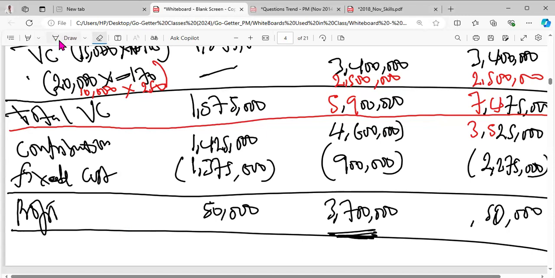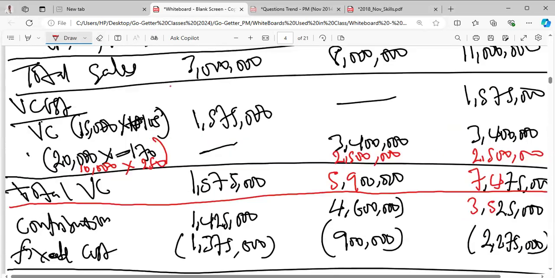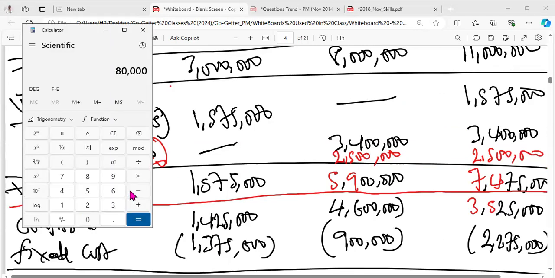Sorry, we are adjusting all this because of a simple mistake. So let's redo this. Contribution here, we have 8 million minus 5,900,000. That will give us 2,100,000.